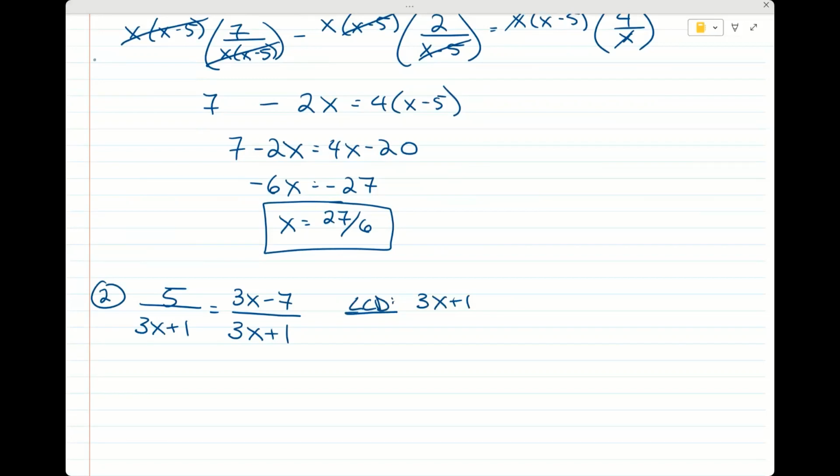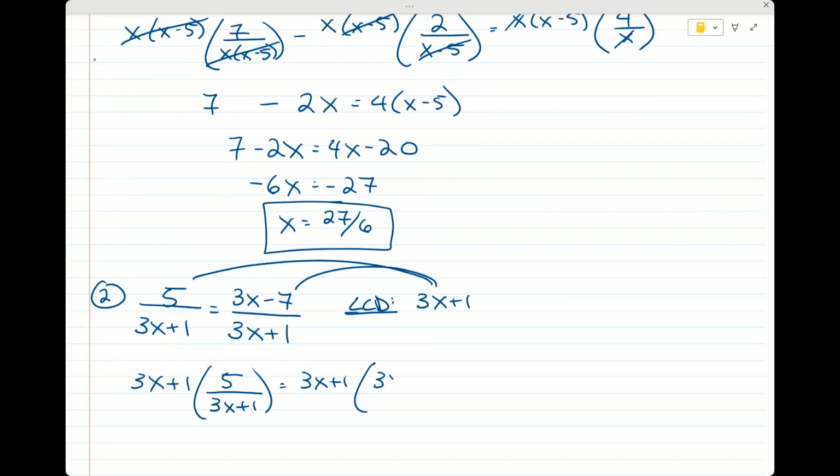Another way we could have solved this is a proportion, which means a fraction equal to a fraction. You could have just cross-multiplied and solved. So both will give you the same answer. If we multiply everything by our LCD, 3x plus 1 times 5 over 3x plus 1 is equal to 3x plus 1 times 3x minus 7 over 3x plus 1.